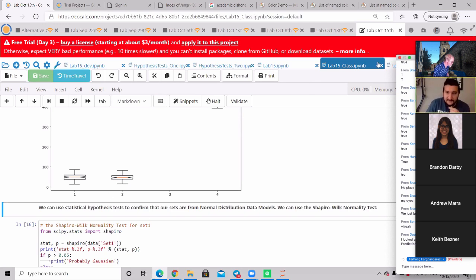On the first step, we are going to use statistical tests to confirm whether our sets are from a normal distribution data model. What kind of test do I need for this purpose?